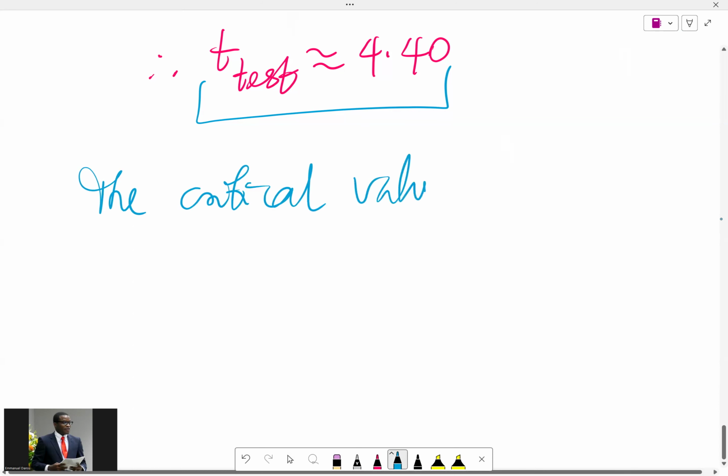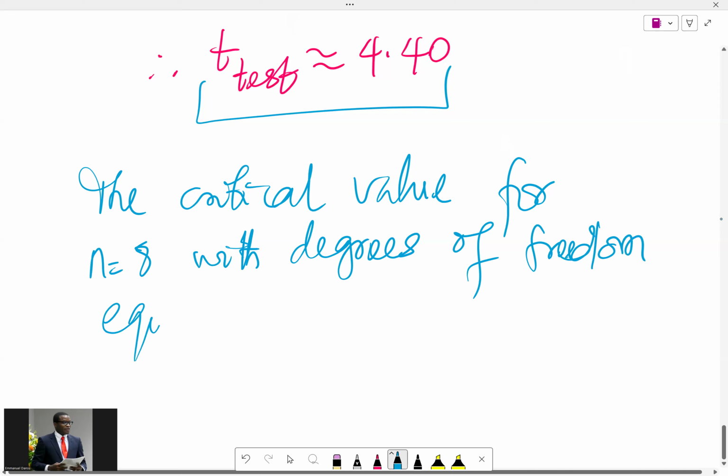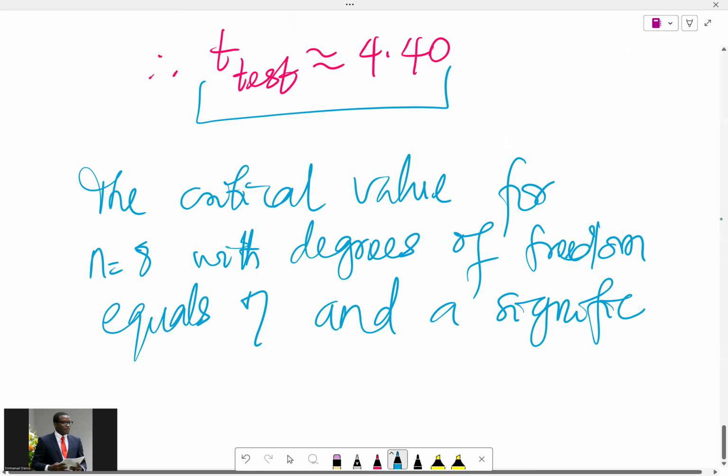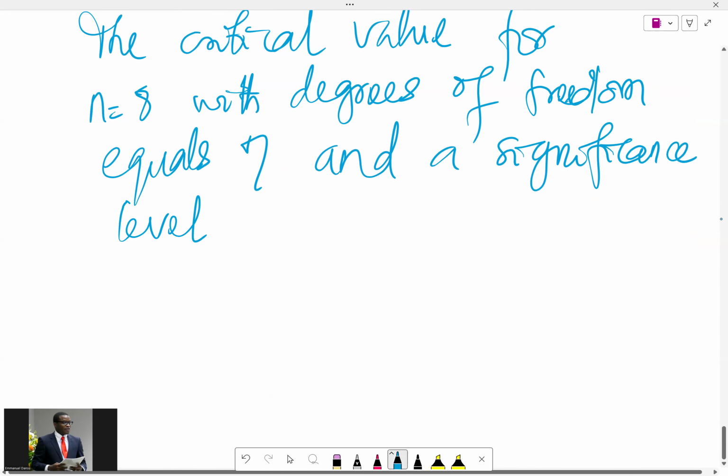The critical value for n equals 8 with degrees of freedom equals 7, and a significance level of alpha equals 0.05.